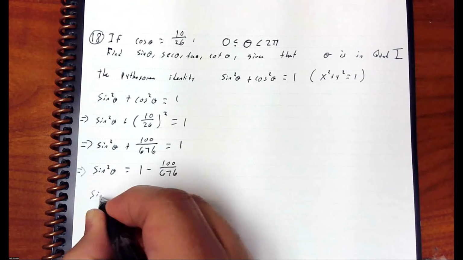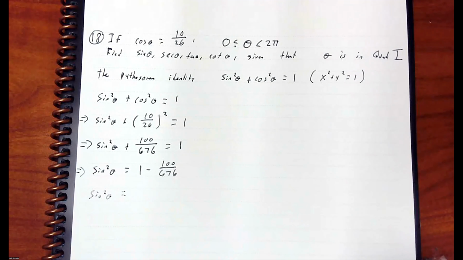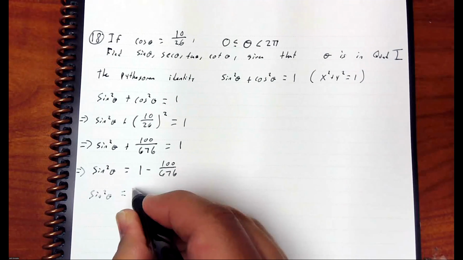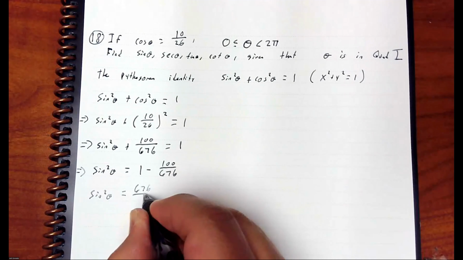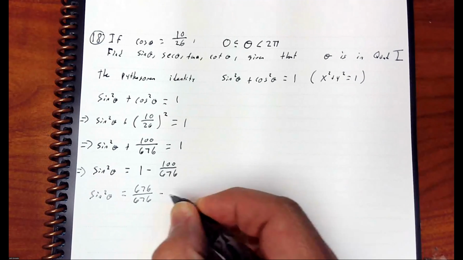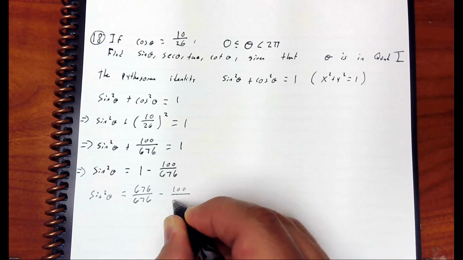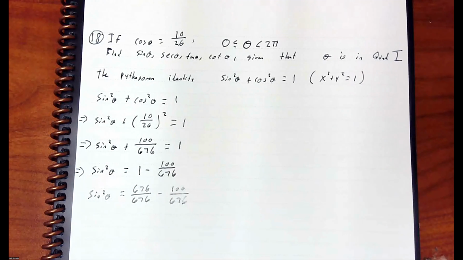We're going to need a common denominator, right? To change the one. Like so. That okay? You see why that became 676? Why we have to do it?